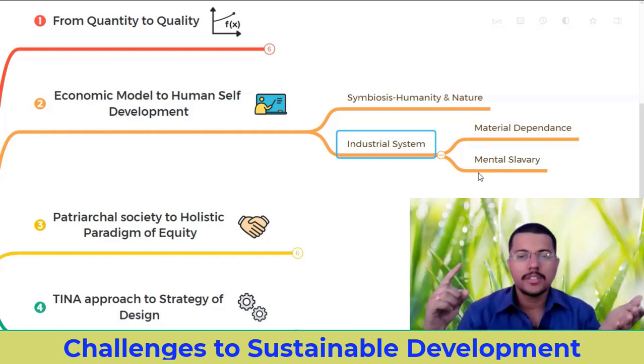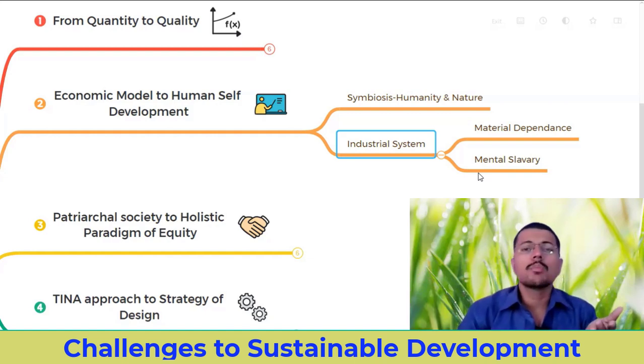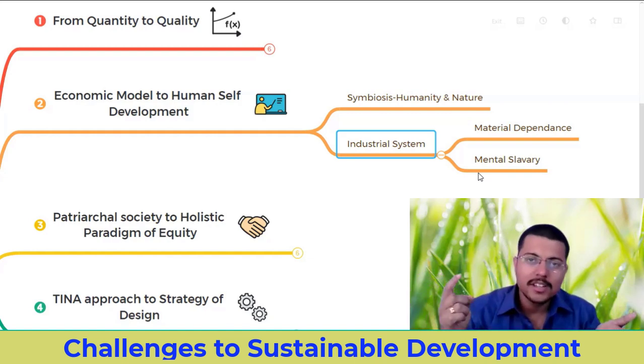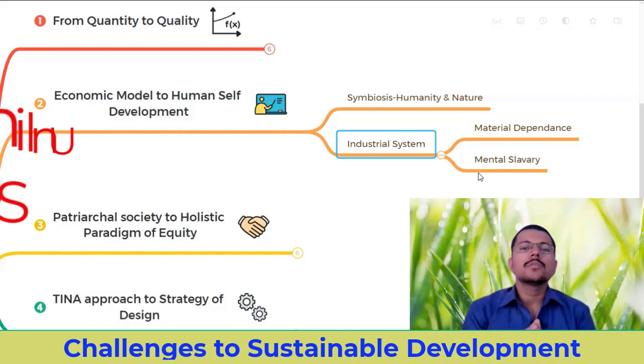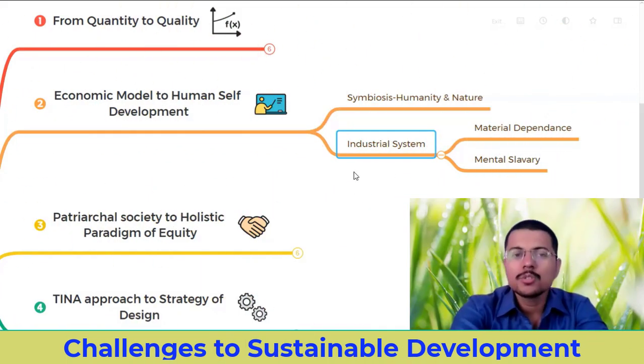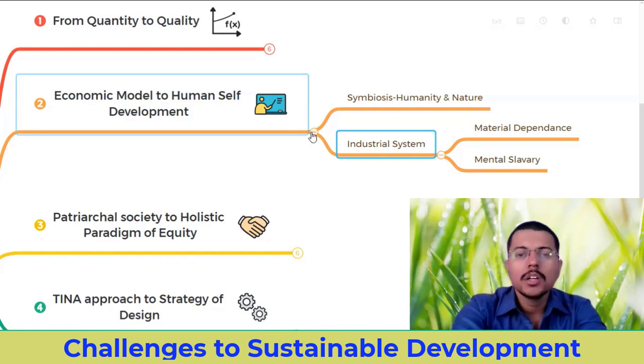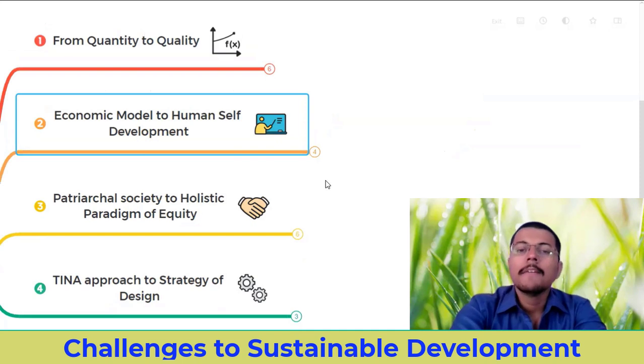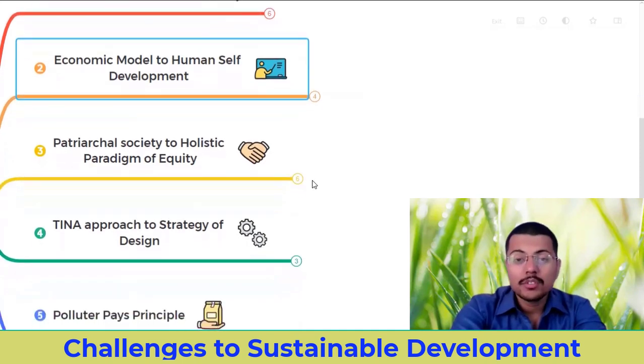As population increases, the resource requirement for these people increases, right? And unlimited growth in a limited system is impossible. So that's why we need to move from the economic model to the human self-development model. How do we do that? That will be the challenge for our generation.